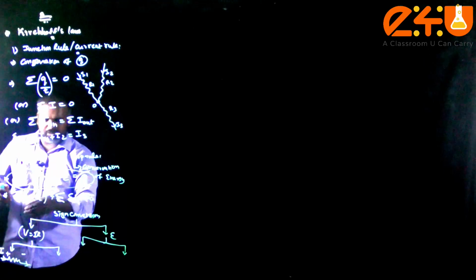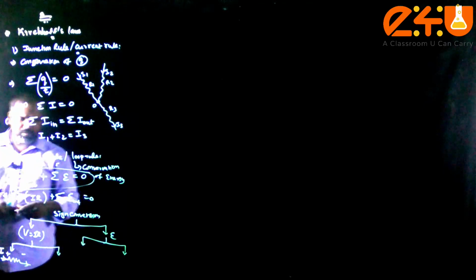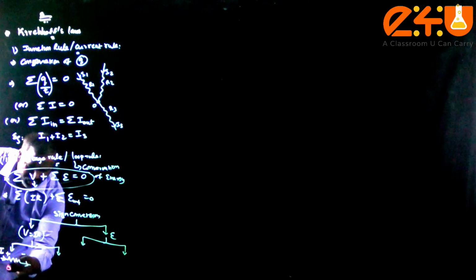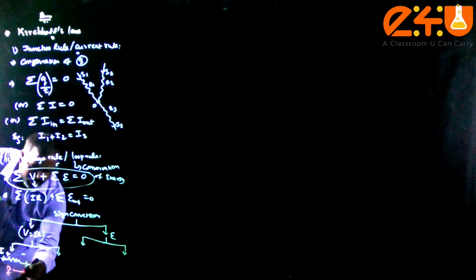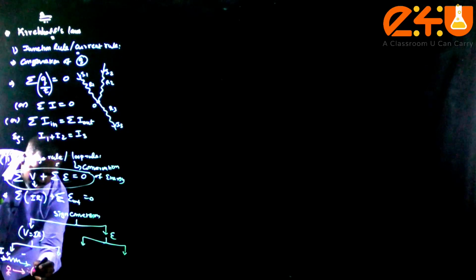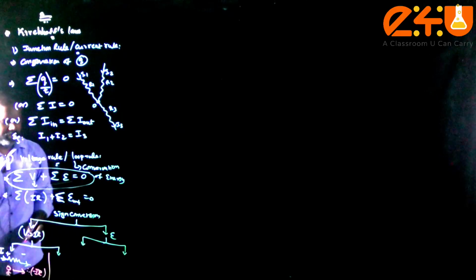You know that current always goes from higher potential to lower potential. If you are going along the current direction, at last you are crossing the negative terminal, therefore the product of current and resistance will be negative.